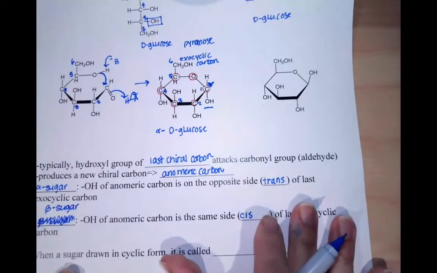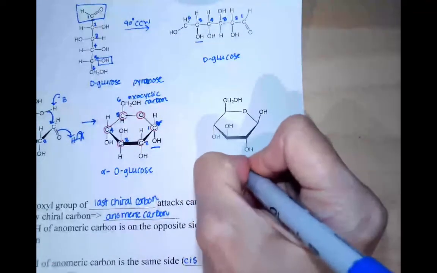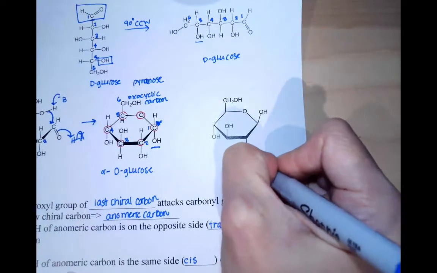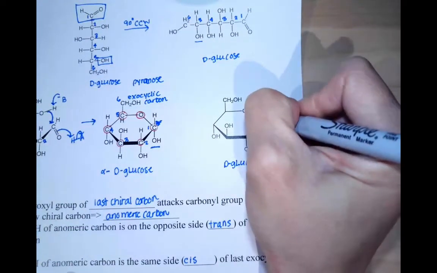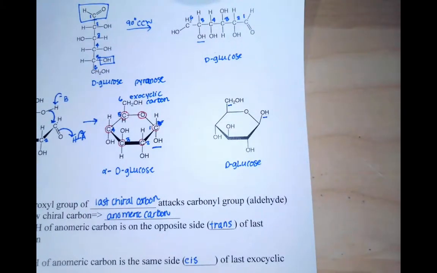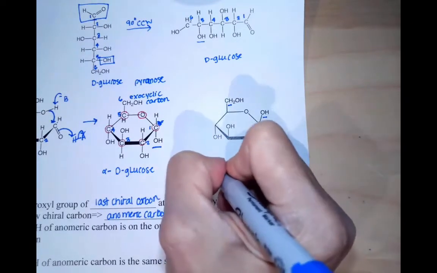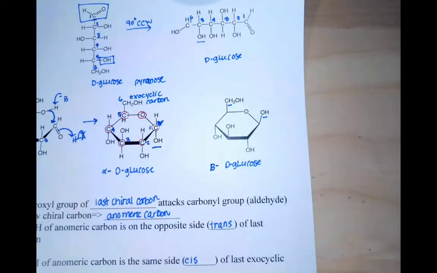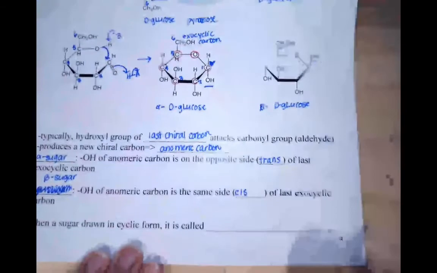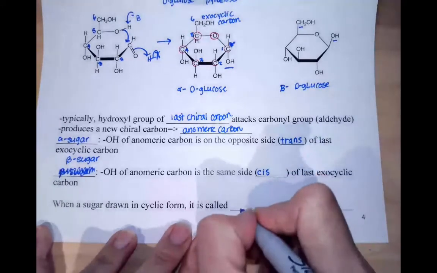So you can see here, this is also D-glucose. However, the hydroxyl group that's attached to the anomeric carbon is actually cis in orientation to the exocyclic carbon on that glucose molecule. So that's actually distinct from this sugar. So that makes it a beta sugar. So it's beta D-glucose. So when a sugar is drawn in its cyclic form, it's called a Haworth projection.